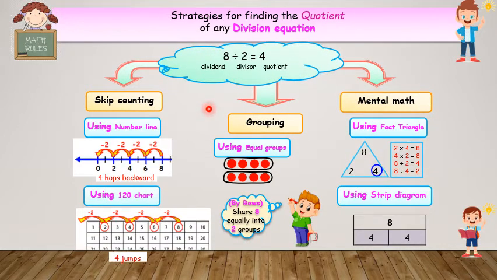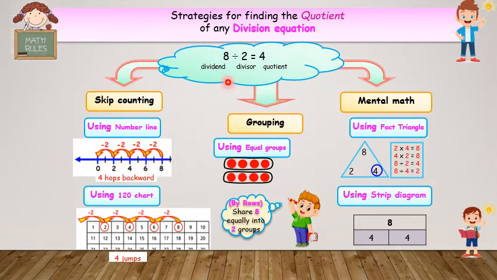We still have other strategies to find the quotient of the division equation. If we have this equation, 8 divided by 2 equals 4, how do I know the answer? There are other ways, like skip counting using the number line.